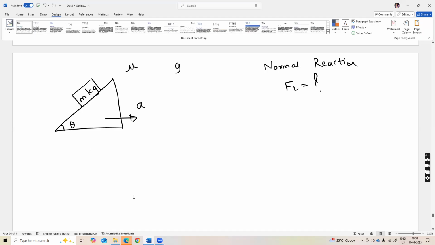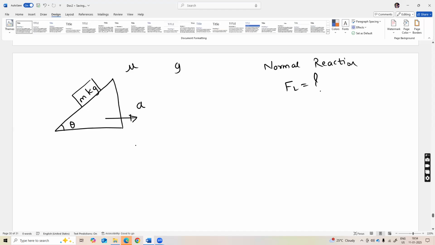Sir, the inclined block is actually moving with acceleration a. Can you explain this, sir? I have no idea. Oh, okay. Here this object is moving with acceleration a.